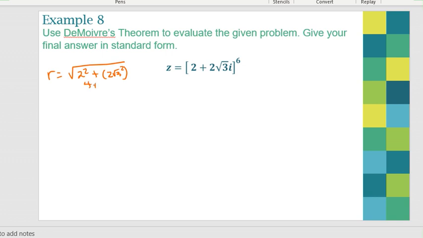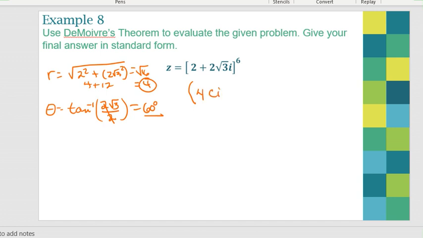That's going to give me 4 times 3, which is 12. So square root of 16, which is 4. Theta is tan inverse of 2 root 3 over 2. These cancel. That's 60 degrees. This is in the first quadrant. I'm done. So I am going to be taking 4 cis 60 to the 6th power.